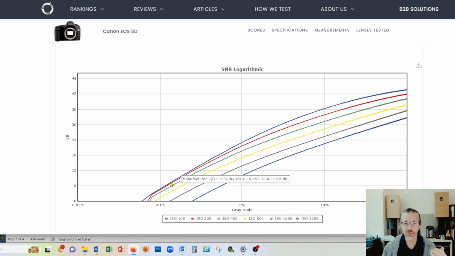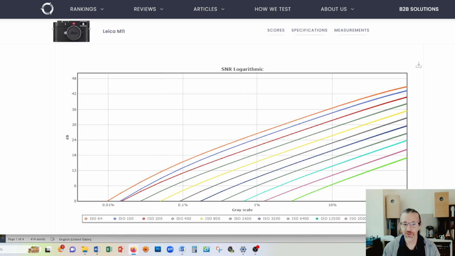At 0.1%, it's just 6 dB. It means that it's two bits of information that we can rescue from the shadows, and that's next to nothing. For the Leica, you see at 0.1%, we have 15 dB of signal. It means 5 bits of information.